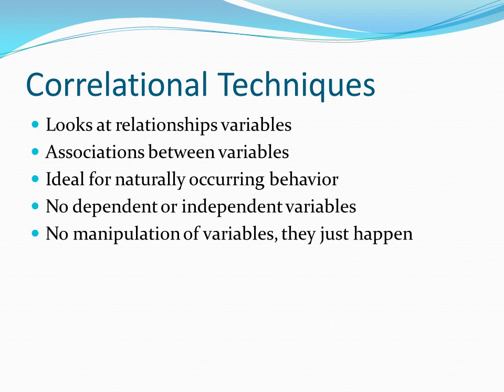There's no dependent or independent variable, so one is not relying on the other. It's basically when one thing happens, you see another thing happen with it. There will be no manipulation of variables like we have done in the past. They just happen. So once we move forward, you'll get a better understanding of how things just happen.